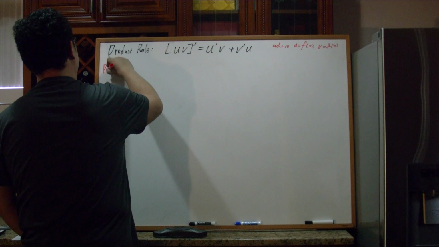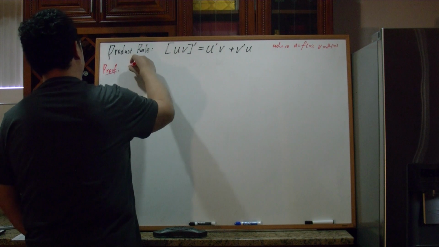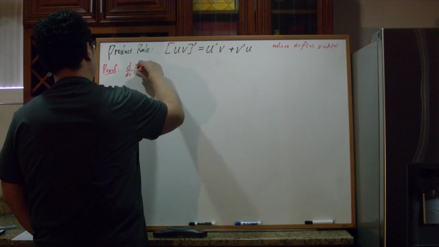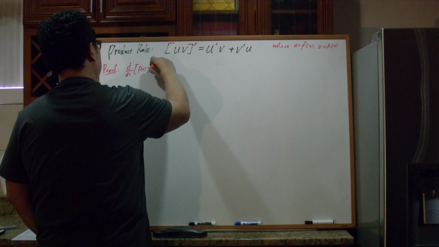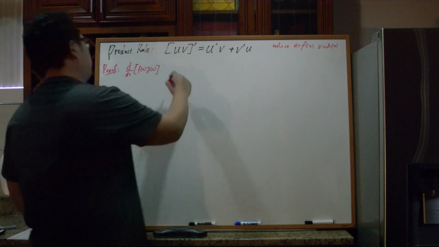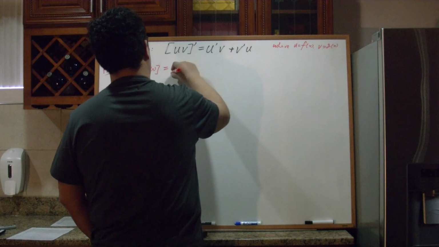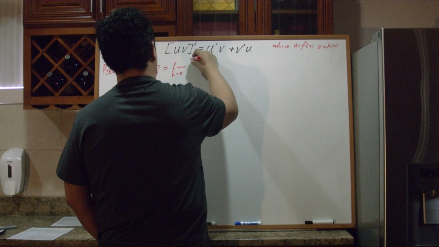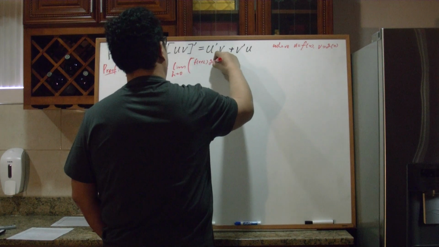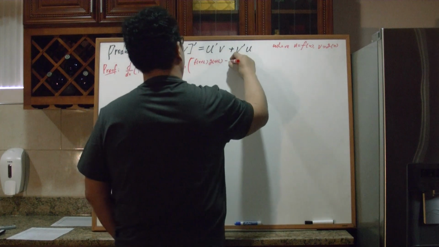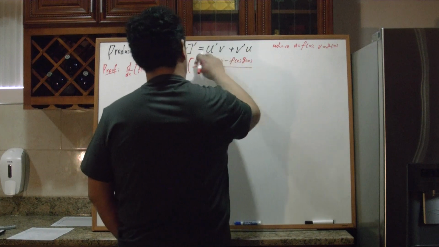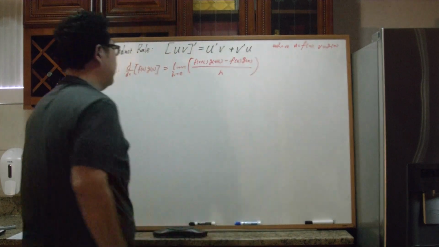And to prove it, in the view of functions, they are f of x times g of x, and we use the limit definition as h goes to 0. We have that expression, right?